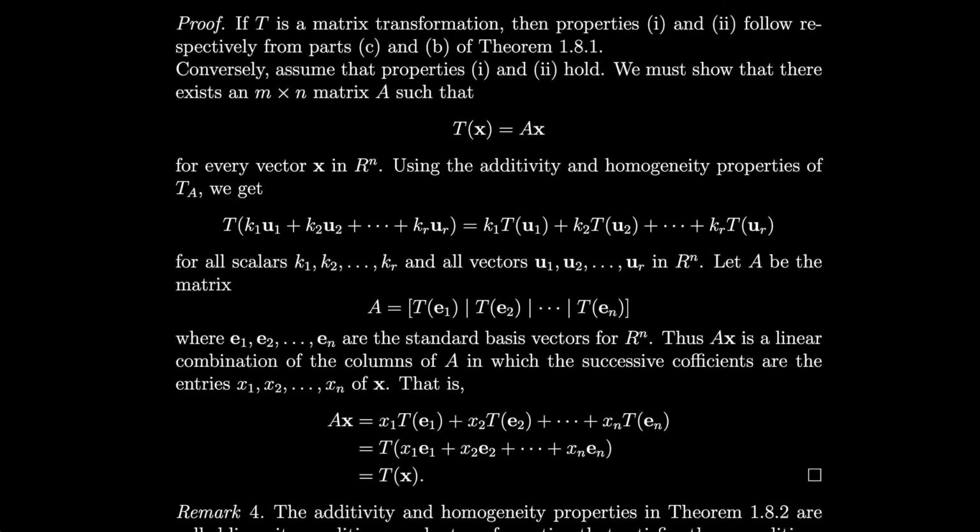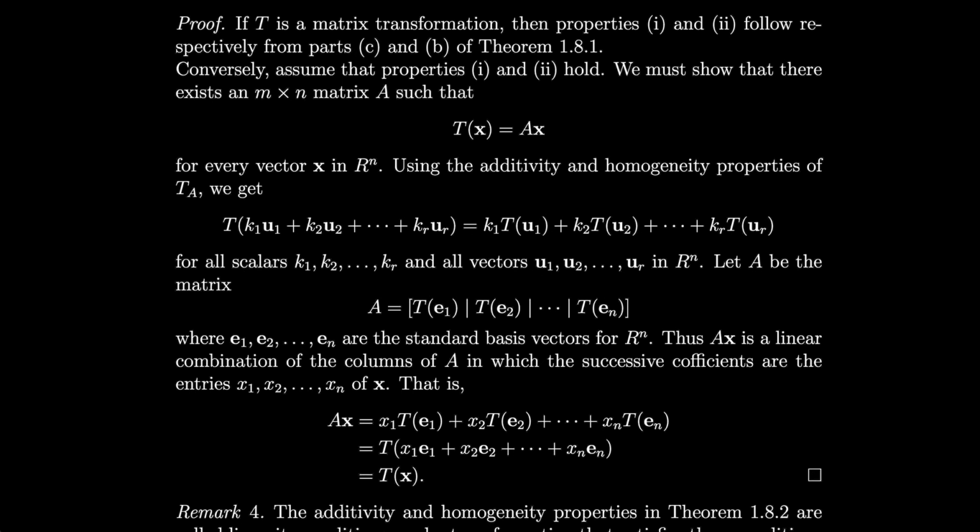Remember that standard basis vector we talked about that has a 1 in the first entry and then 0 for the rest of them. And then the next column will be T of e2 and so on. So it's a matrix formed from T of all of the standard basis vectors for Rn.